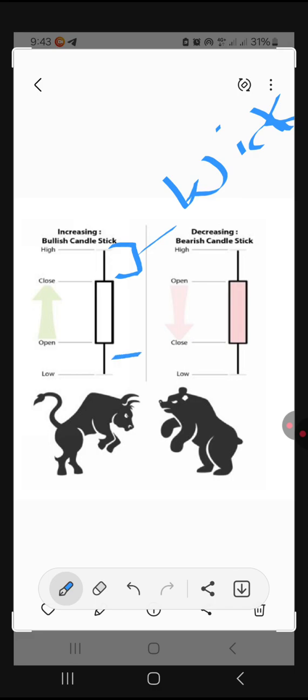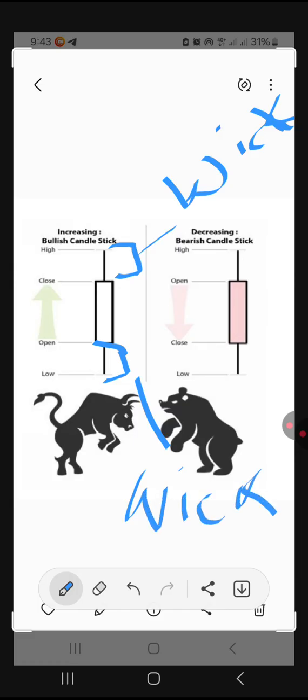This is another wick, from this point to this. Are you understanding me? So basically, a wick is showing that buyers went up to this point too, but sellers came in a bit to drag it down.